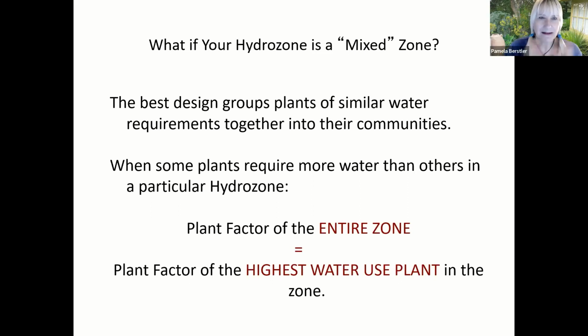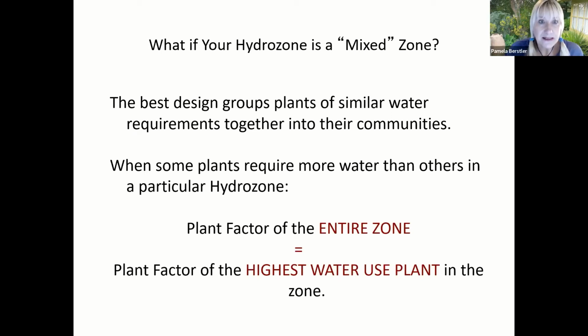It's really just based on form, unless you have your native plants, which are 30%. So what happens if you have a mixed zone of non-native plants at, let's say, 70% and native plants at 60%? What do you do for that particular zone? It's all being irrigated the same. Well, you choose the higher plant factor as the one that rules for that hydrozone.